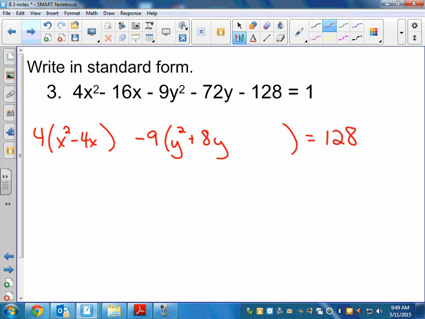There's so much room on my y's, not much room on my x's. I just added a 128 over and didn't even pay attention that there was a 1 there.